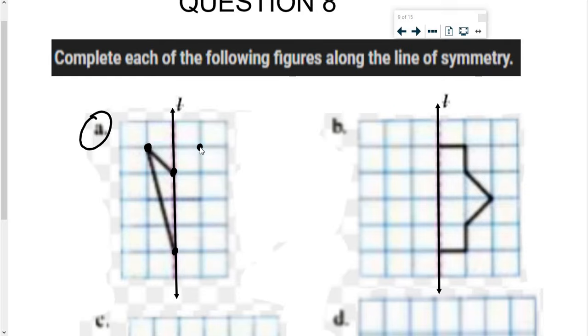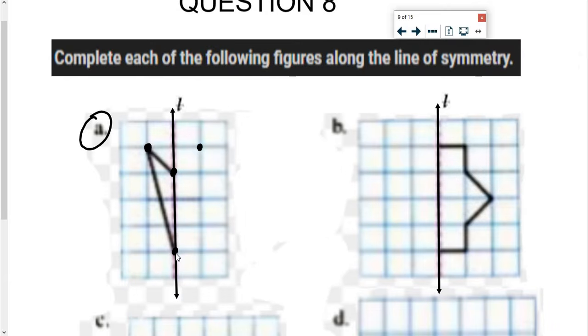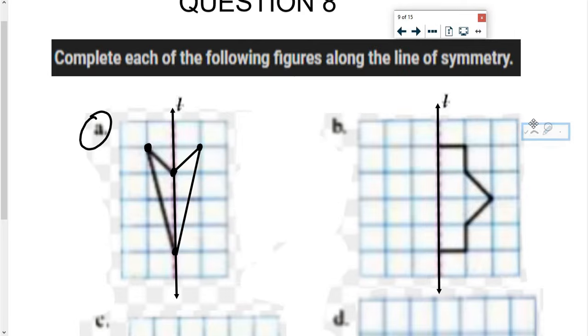So that is where the reflection of that point will be. And then complete to get the other half. So from here, draw a line, and also draw a line to this point, and you'll have the other half completed. And this diagram is now symmetric, meaning one half is equal to the other.